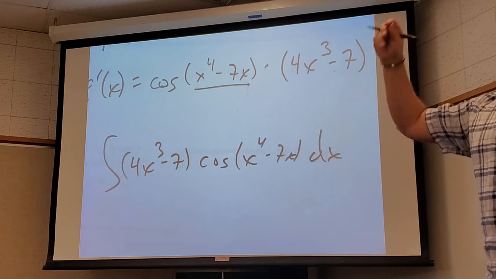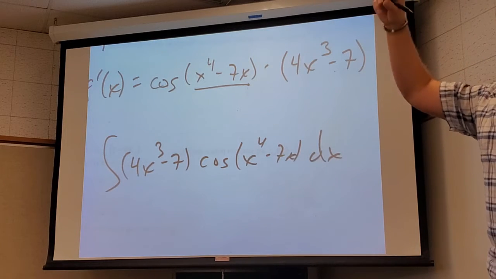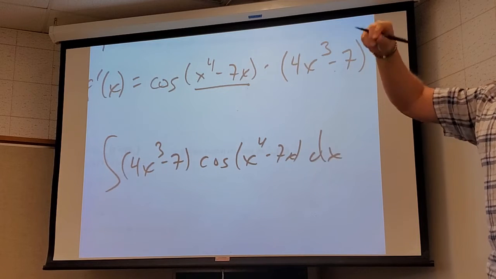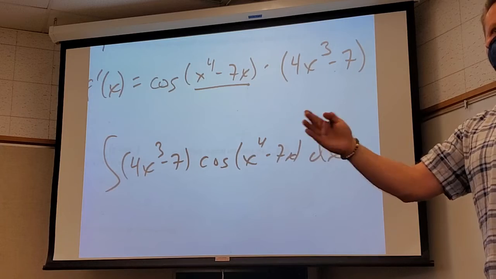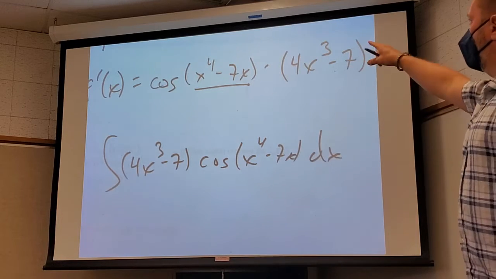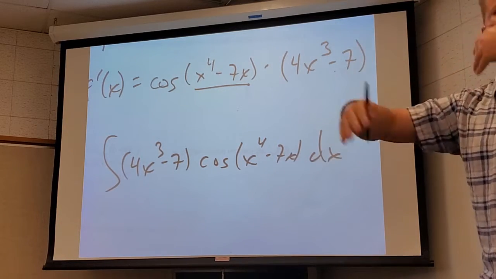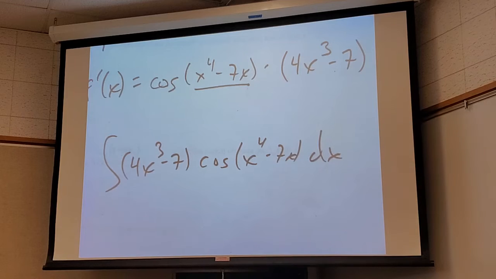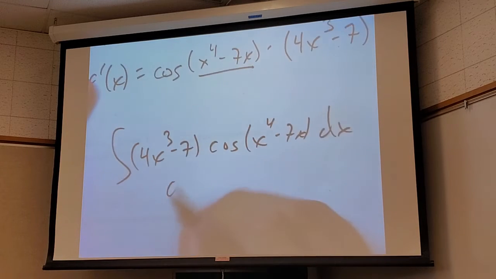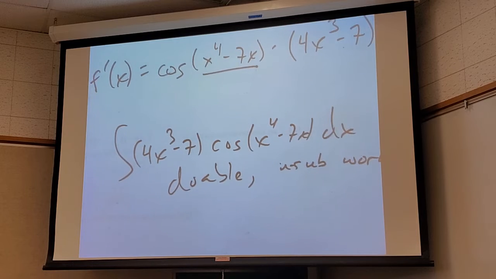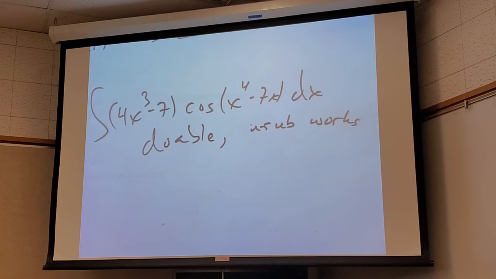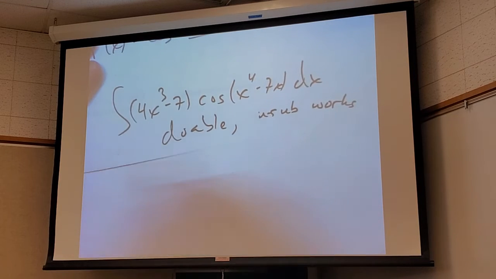So what kind of integral are we able to do? An integral where I will have something times the derivative of the inside? Because that would have come from a chain rule. So then I could undo that derivative. Yes? So if I had this integral, so this is doable. U sub works in there. U sub sounds like do-it-yourself submarine service, but I won't.